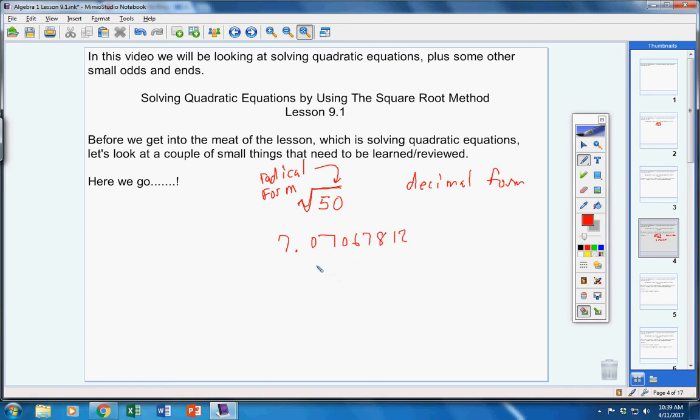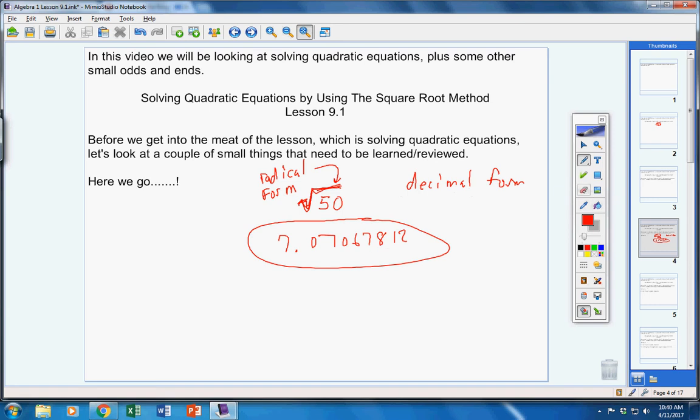Of course, you do not have to write that entire answer. You could round to 1 or 2 or 3 decimal places or wherever the instructions tell you to round, okay? But my point is understand when I ask you to write your answer in radical form, leave the radical there. If I ask you to write it in decimal form, leave it like this.